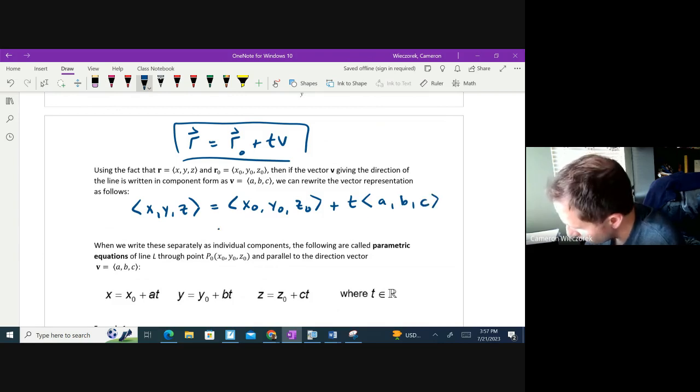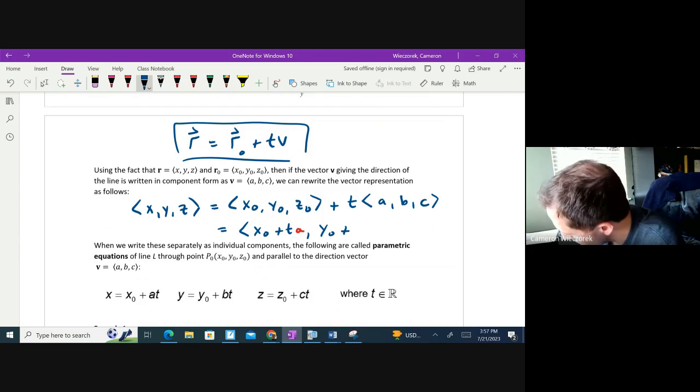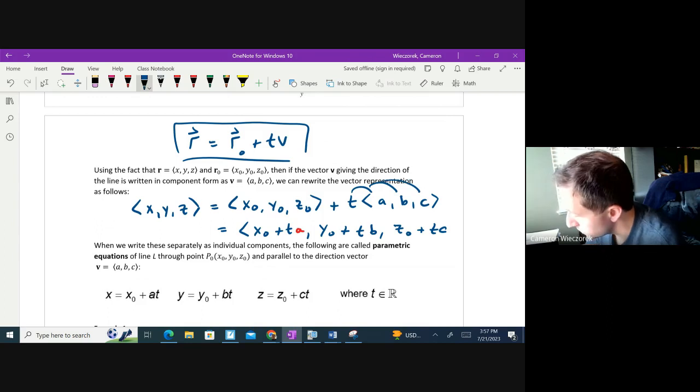So therefore, we do a little bit of addition and scalar multiplication here. We get x naught plus ta, y naught plus tb, z naught plus tc. So just distributing the scalar through to the second vector.